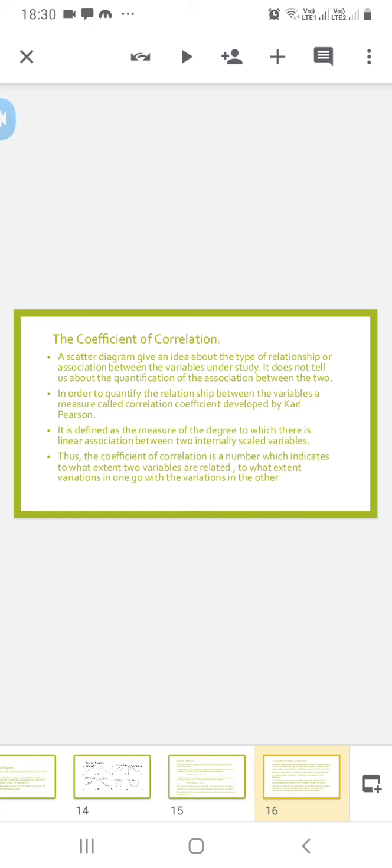Sample standard deviation of x is given by Sx is equal to [sigma (x minus x bar) square divided by n minus 1] to the power 1 by 2. Sy, the sample standard deviation of y, is given by Sy is equal to [sigma (y minus y bar) square divided by n minus 1] to the power 1 by 2, and x bar is equal to sigma x divided by n and y bar is equal to sigma y divided by n.